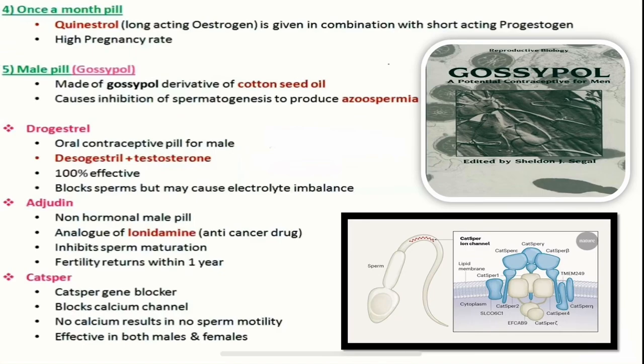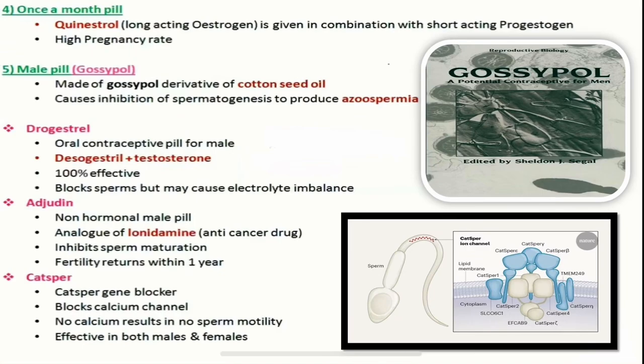Then among the other contraceptives, we have dimethandrolone, an oral contraceptive pill for the male. Progestin and testosterone given in combination is 100% effective. It blocks the sperm. It may cause electrolyte imbalances in the body. Then we have adjudin, a non-hormonal male pill.